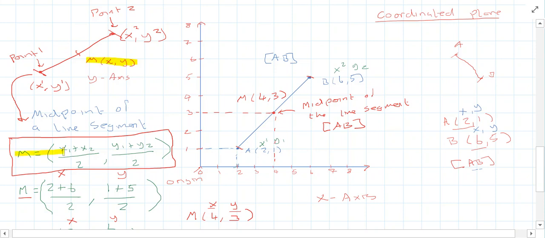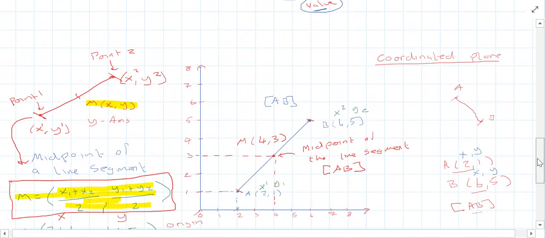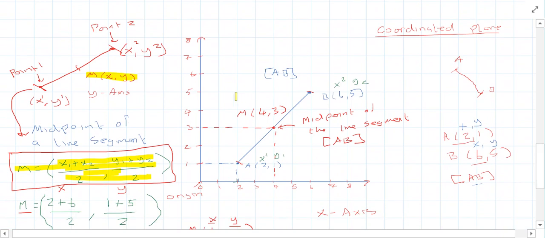So again, it's important that you understand how to use this formula, and that's what we mean by the midpoint of a line segment. So we just call it midpoint of a line segment.